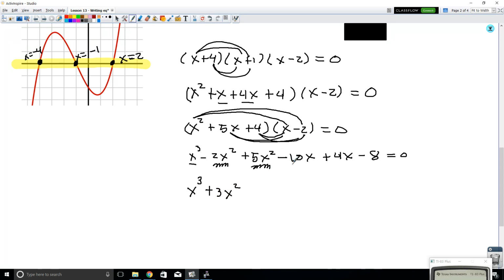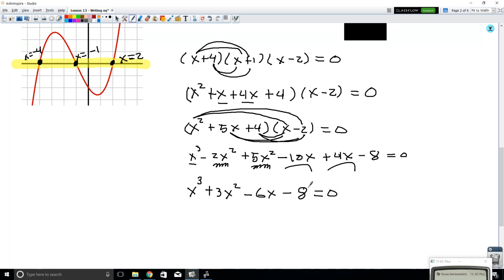Is there anything else that we can combine? Here we have these x's. So -10x plus 4x is -6x. This is -8. There's nothing that we can combine it with, so let's just bring it down here. Still equal to 0. So technically, this is your equation.